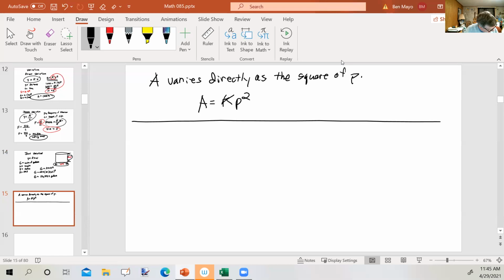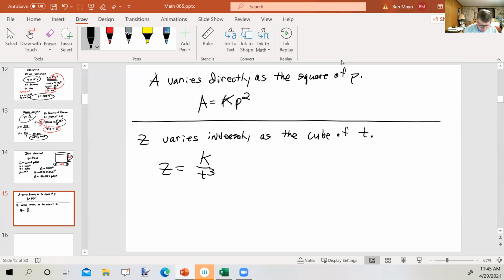Okay, let's look at another one. It says Z varies inversely as the cube of t. So z equals k divided by t cubed.